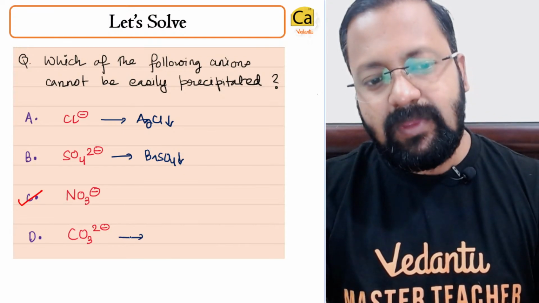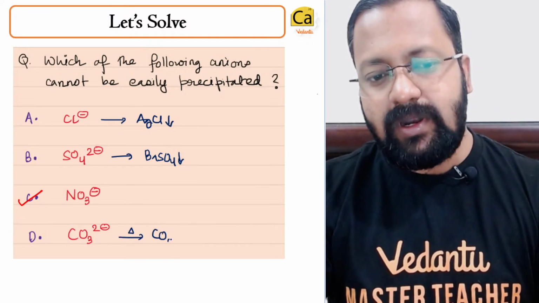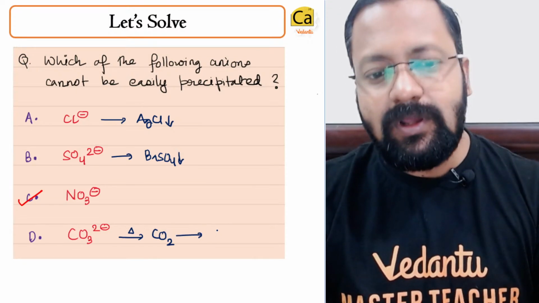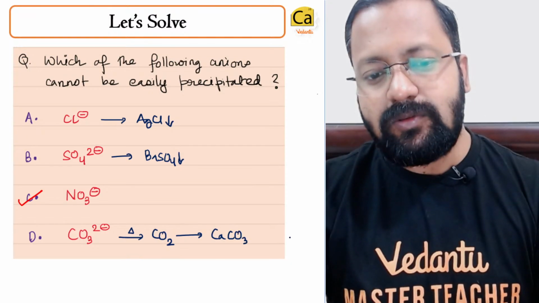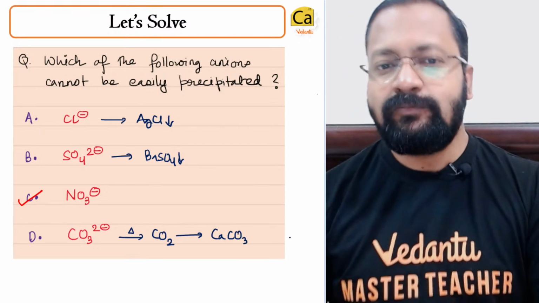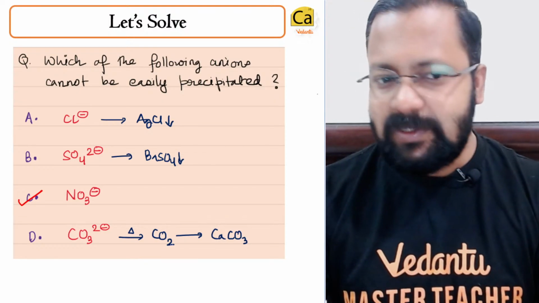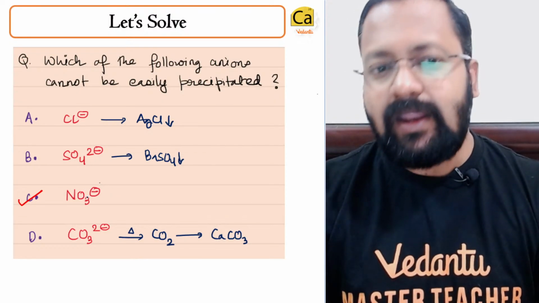Carbonate, if you heat it, gives carbon dioxide, which is precipitated using lime water, and you get a CaCO3 precipitate. So all of these can be precipitated except for nitrate.